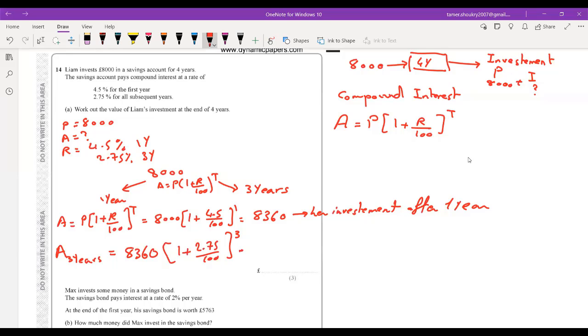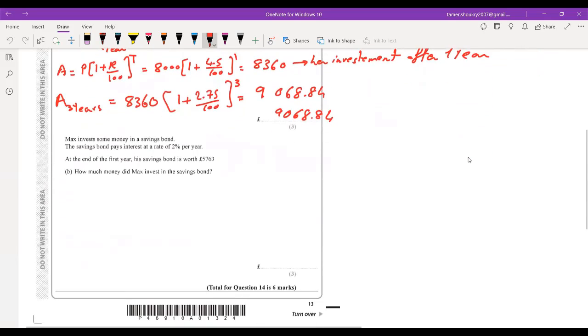This is going to give me 9,068.84, which means that her money is going from 8,000 to 9,068.84 after 4 years. This is the answer to part A.